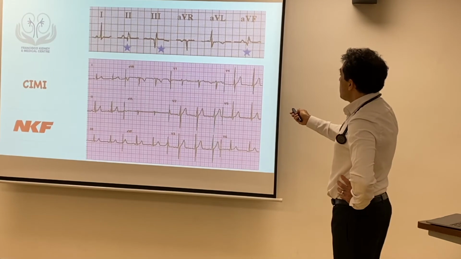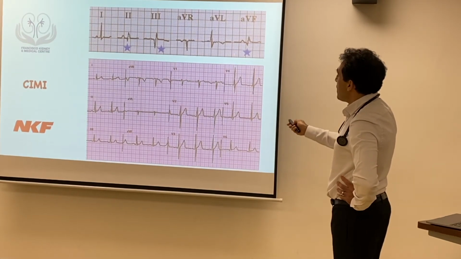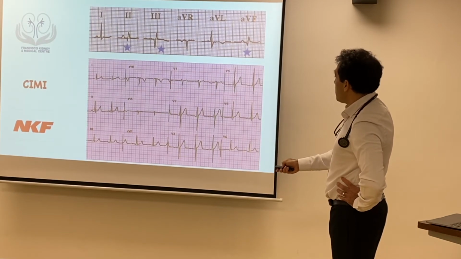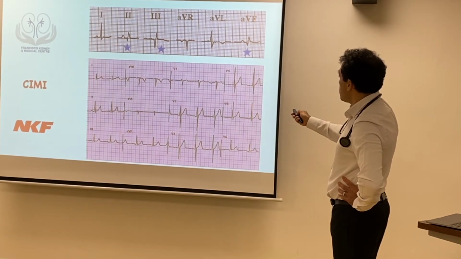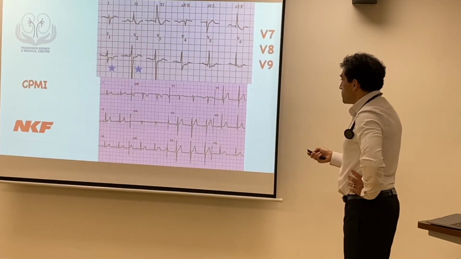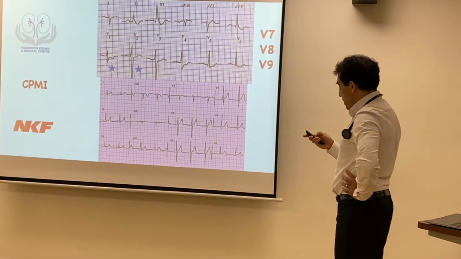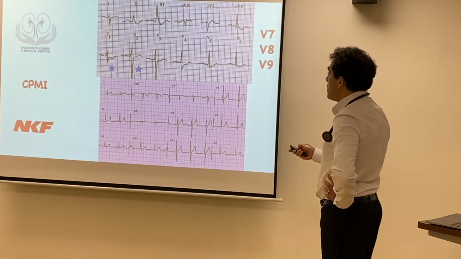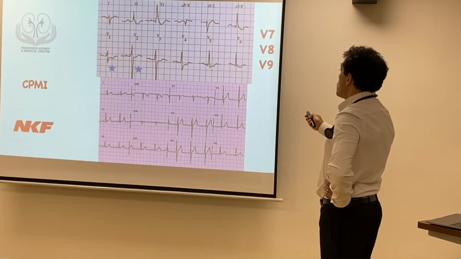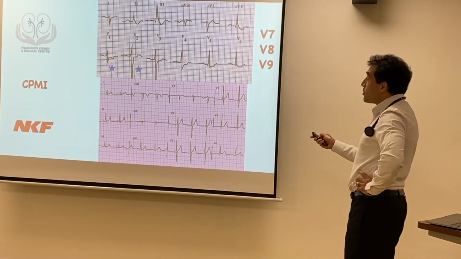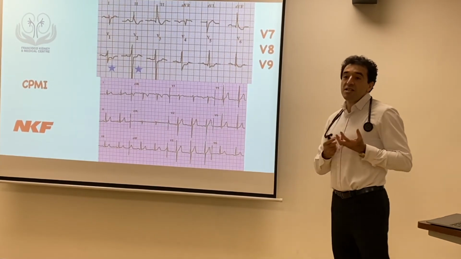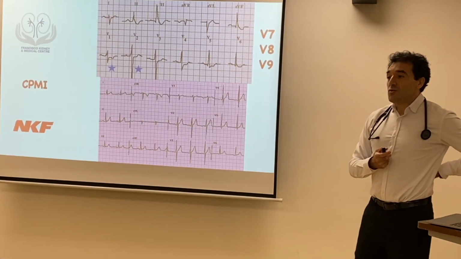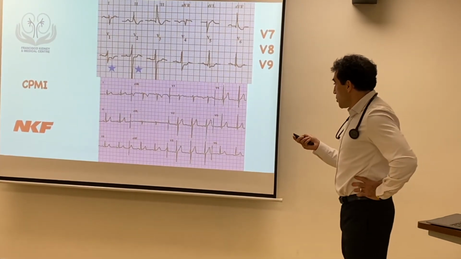Now, you might say this one looks already normal, but see how the Q looks in aVF. It's quite tiny, yeah? Suddenly this one is more prominent. And this is a posterior MI. There will probably be Q waves in the posterior wall, but these leads, unfortunately, don't see the posterior aspect of the heart, so you need to do something differently.